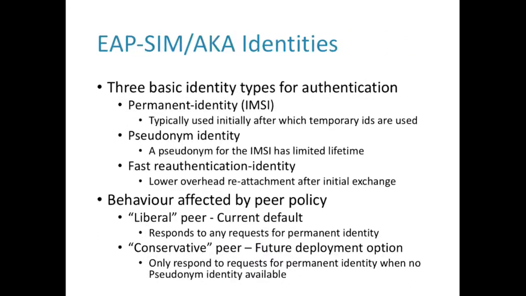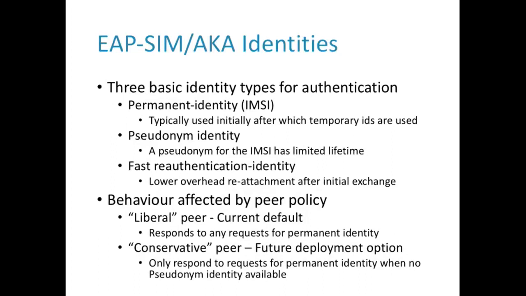So basically it comes down to EAP-SIM and EAP-AKA, these two protocols I mentioned, and the identities that are exchanged in these protocols. There are three basic types of identity used in the authentication phase. The one of particular interest is what's called the permanent identity, which in this case is the IMSI.